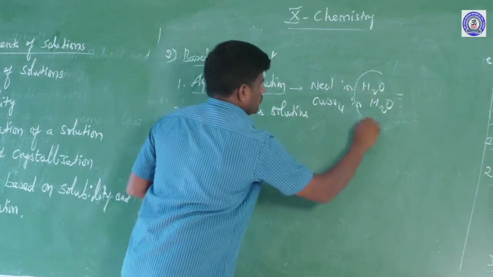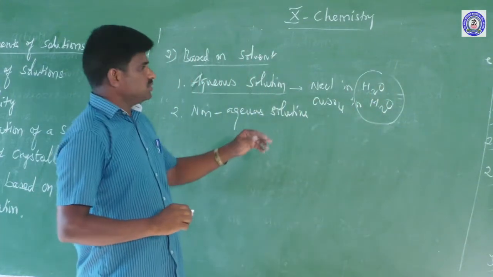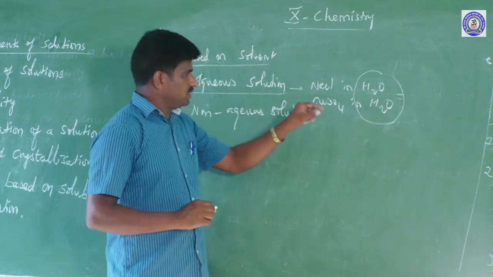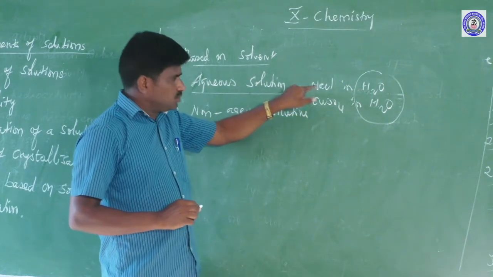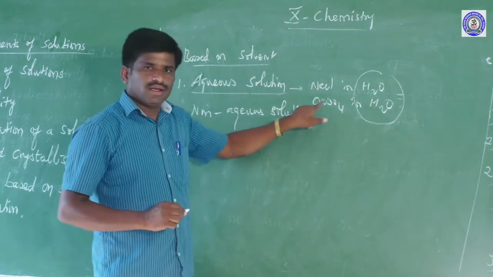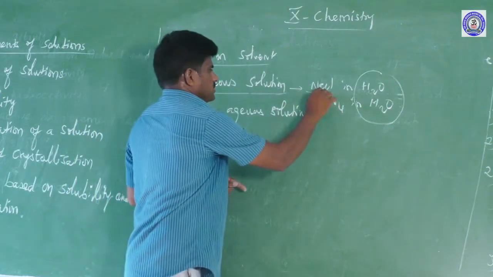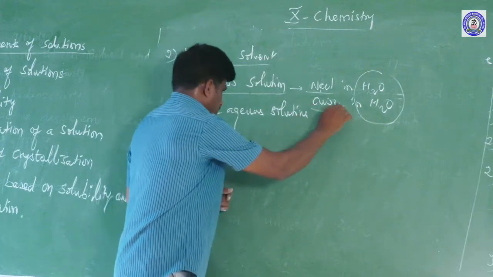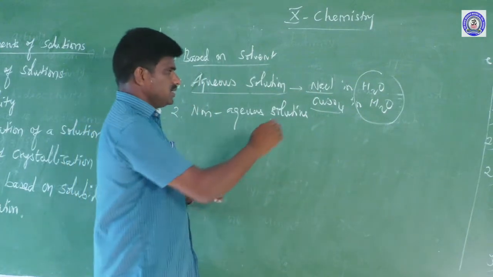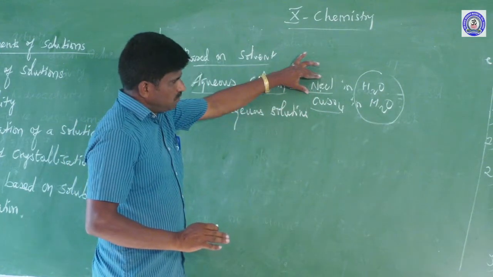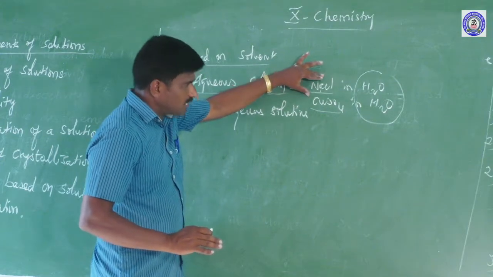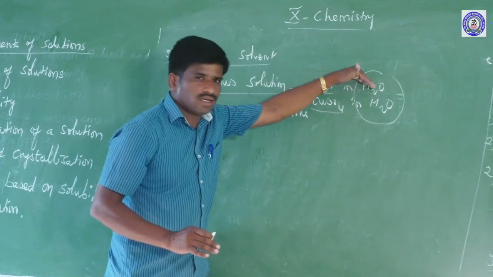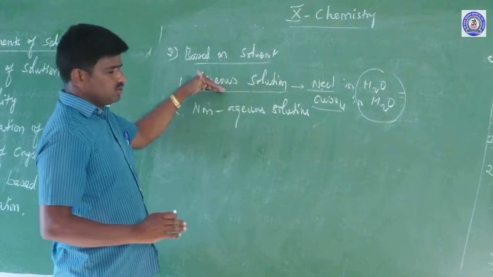In these two solutions, water acts as the solvent. For the solute part, here sodium chloride, here copper sulfate. Sodium chloride is an ionic substance, that is a polar compound. So sodium chloride, a polar compound, dissolves in water. Such a solution is called an aqueous solution.